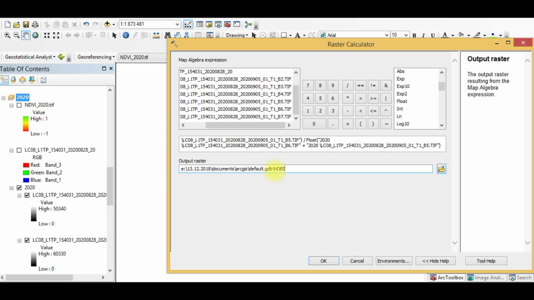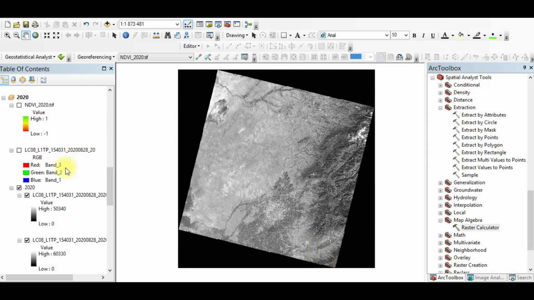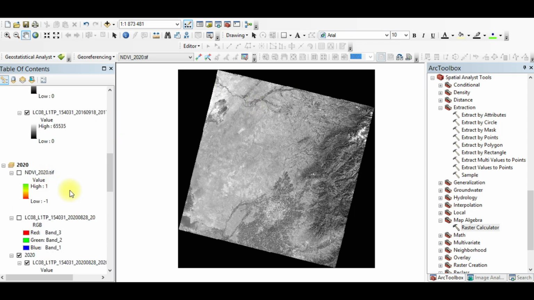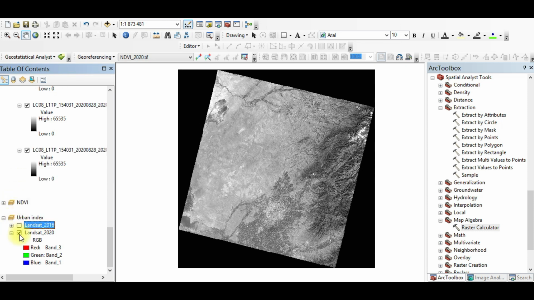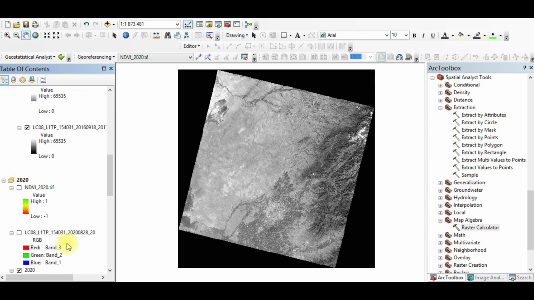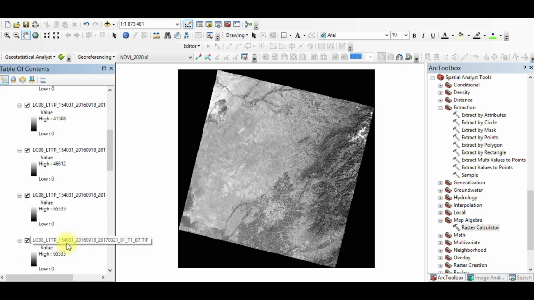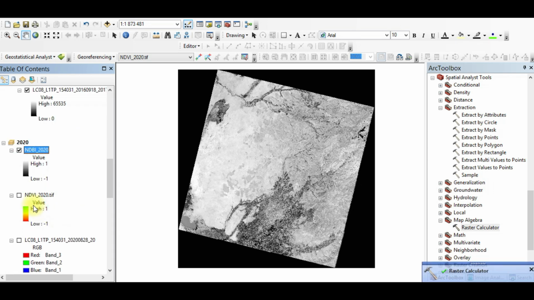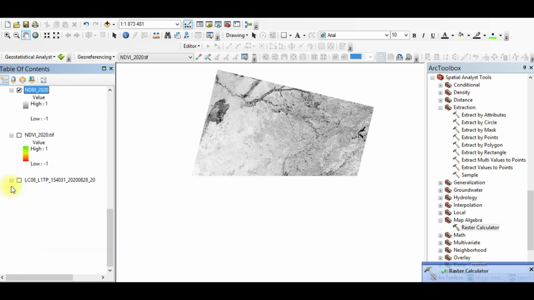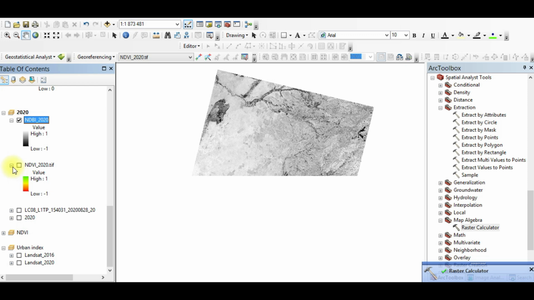Normalized difference built-up index 2020. So let's wait until it calculates. Actually, we don't need these images now. So my NDBI is calculated. I can close these images.